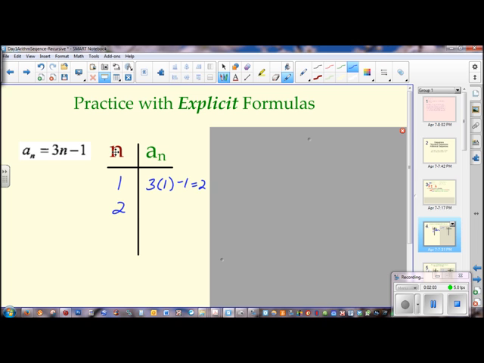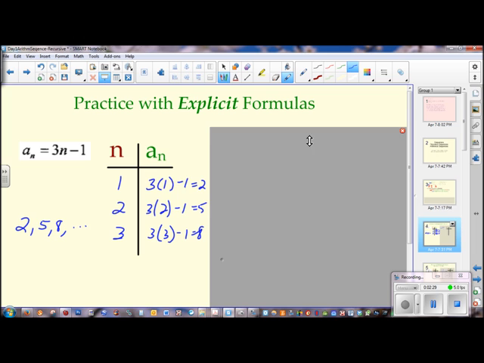For n equals 2, the second position in the sequence, I would be plugging in a 2 here. 6 minus 1 is 5. For position 3, I'd be plugging in a 3 right there. Minus 1 gives me 8. So you can see the pattern that's going on here. When you substitute like that, you can clearly see the pattern. So my sequence here would be the terms 2, comma 5, comma 8, and we could keep going forever with that.